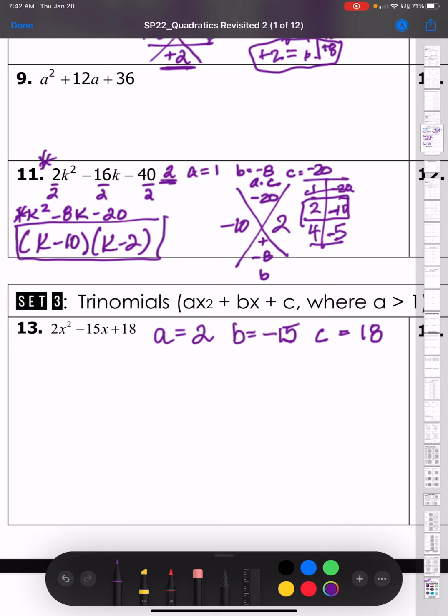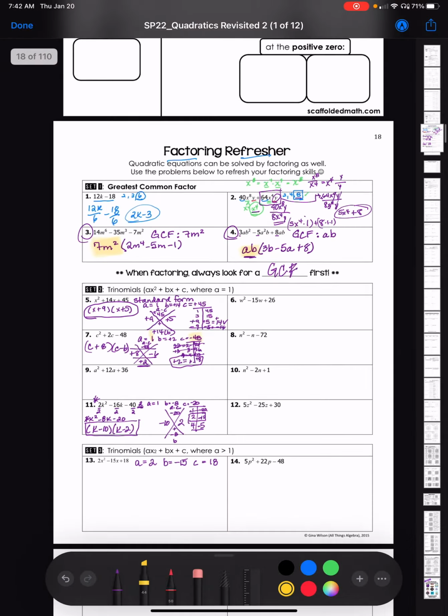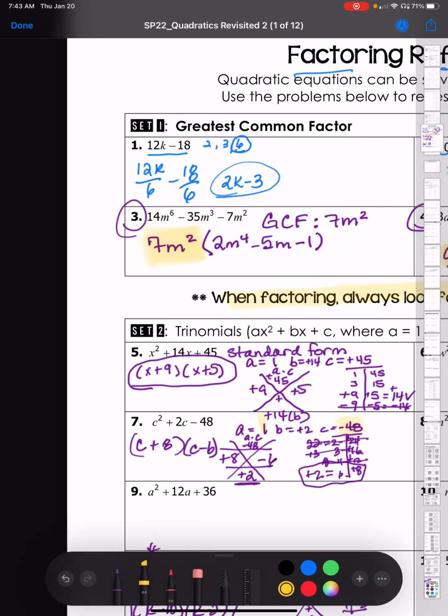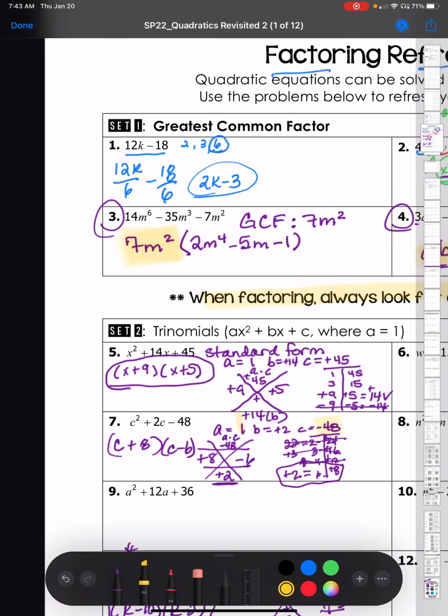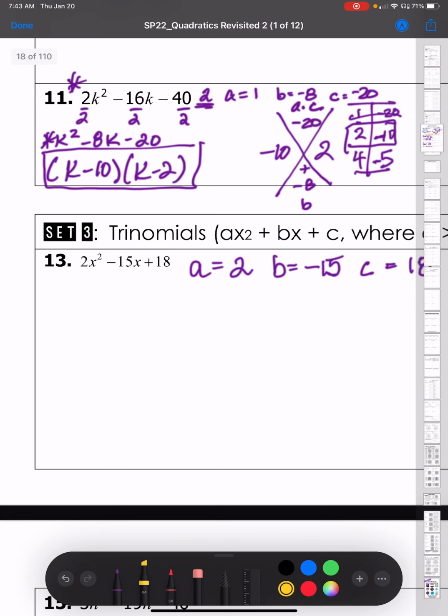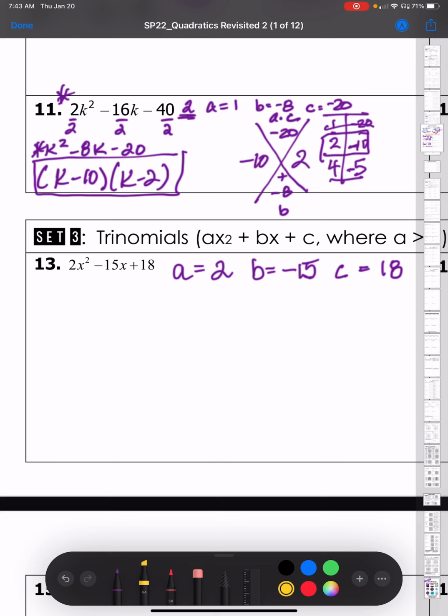Now, every time you approach any factoring problem, you always look for the greatest common factor. With number 13, I reviewed and saw that I have 2, negative 15, and 18, and so therefore I don't have a greatest common factor among the coefficients.